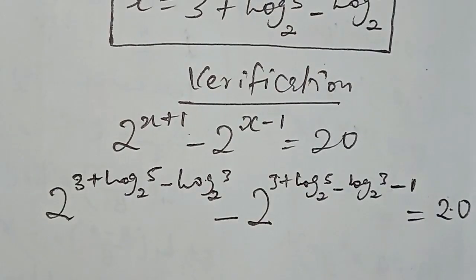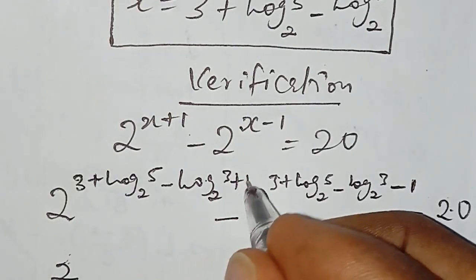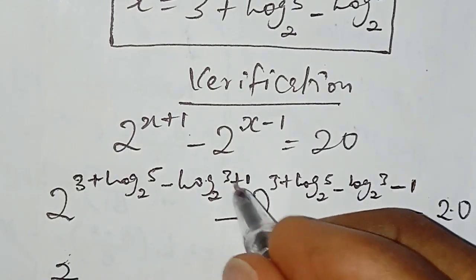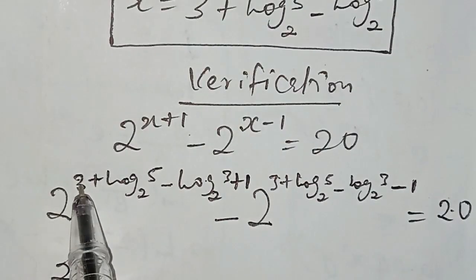So now here we simplify this expression. So we have 2, so this plus 1, okay, plus 1. So we have 2 raised to power, so we can add this plus this together.